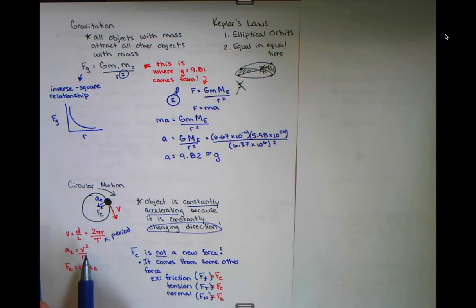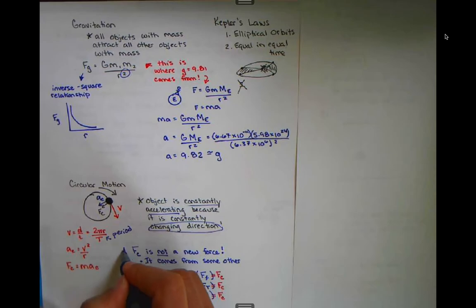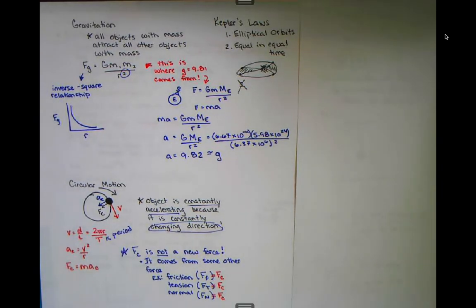Centripetal acceleration is v squared over r, and then using Newton's second law, F equals ma, we just substitute in. Now, something really important. Centripetal force, it's not a different force, right? It's not a new force. It comes from something else that we talked about in the forces unit. It comes from friction, right? When you turn and drive around a curve in your car.